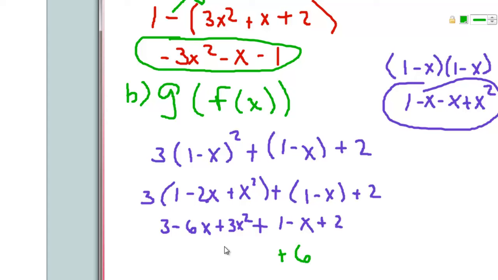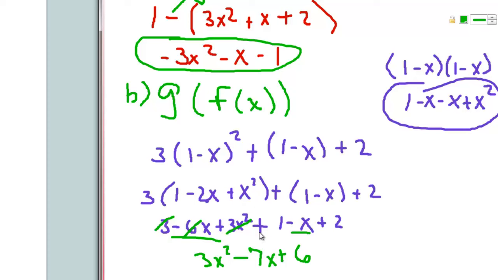And let's look at the x's now. So over here we got minus 6x, and minus 1x. So that's going to be a minus 7x. And then last but not least, we have the 3x squared. Let's just make sure we used everything. We did use that 3. We did the 1 with the 3 and the 2.